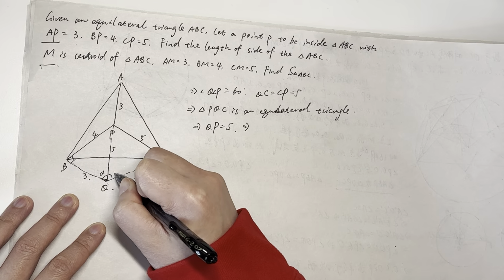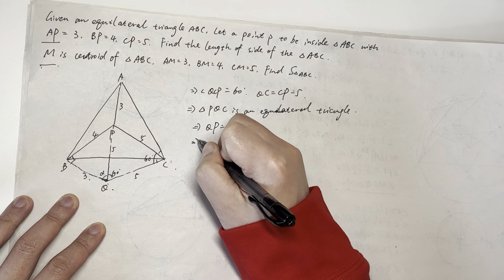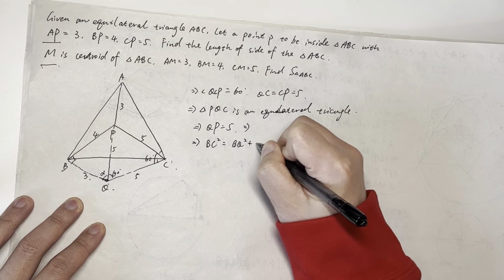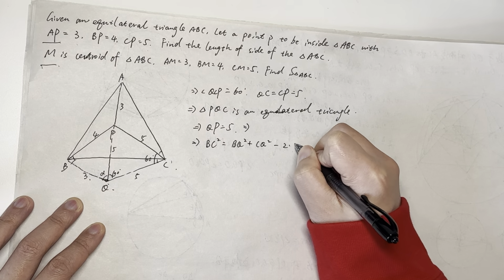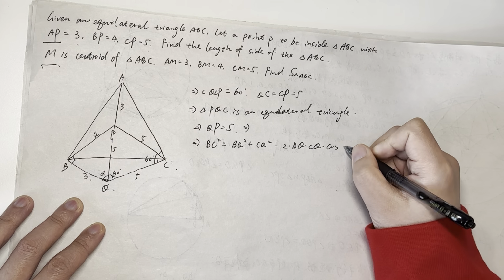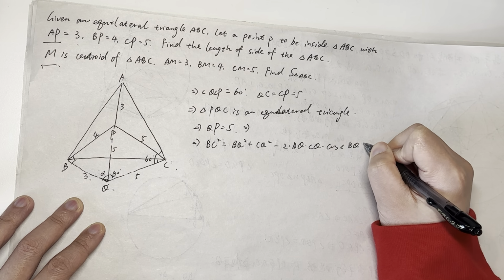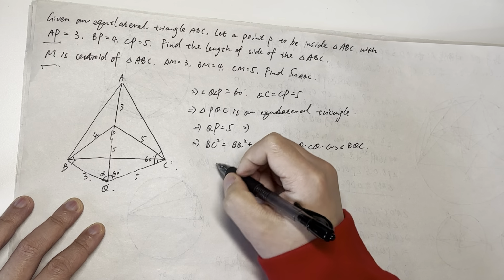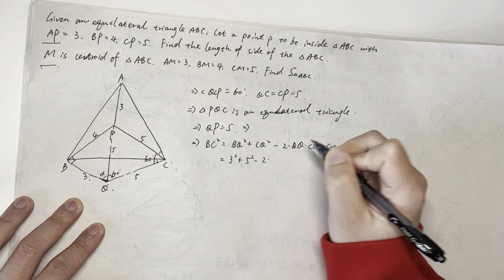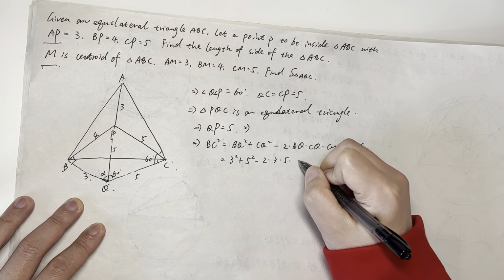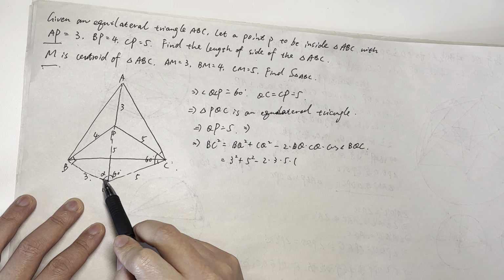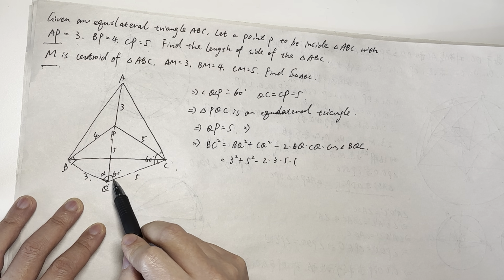Set this as alpha, we know this is 60 degrees, so we know that BC squared equals BQ squared plus CQ squared minus 2 times BQ times CQ times cosine of angle BQC, right? And it equals 3 squared plus 5 squared minus 2 times 3 times 5 times cosine of angle BQC. Angle BQC can be written as alpha plus 60, right?